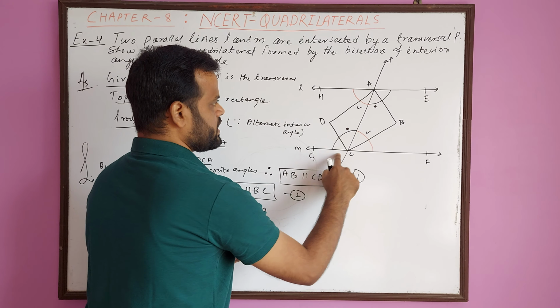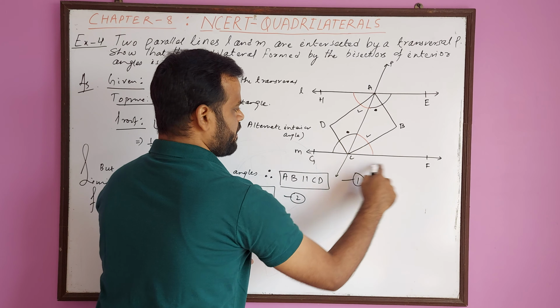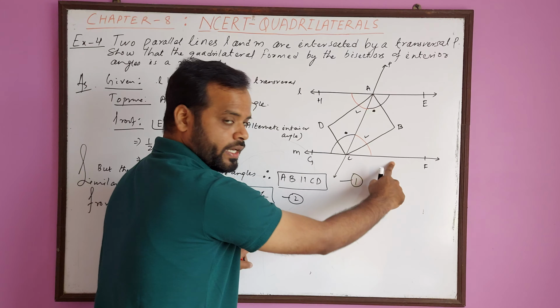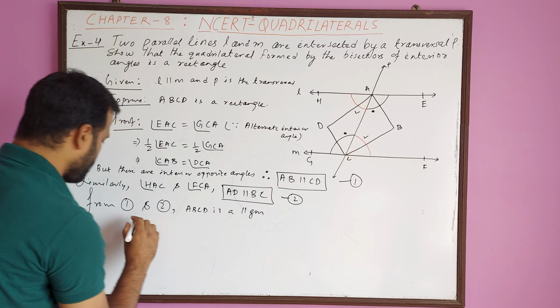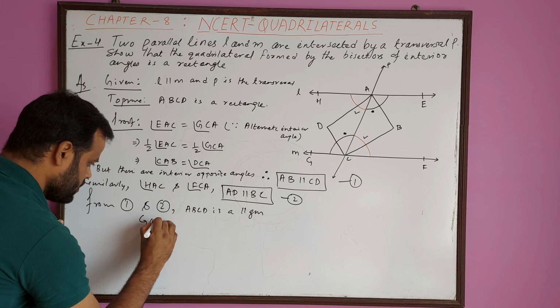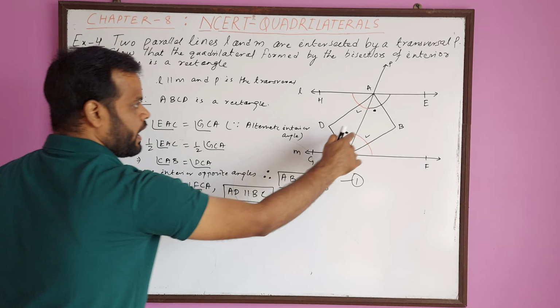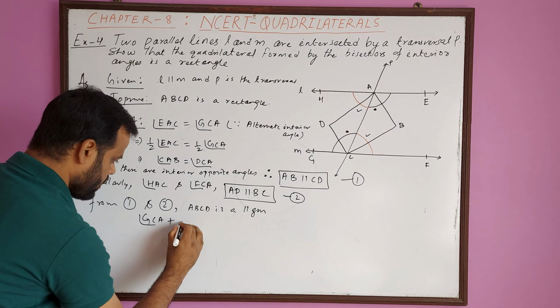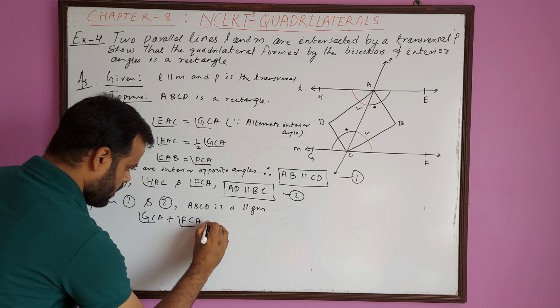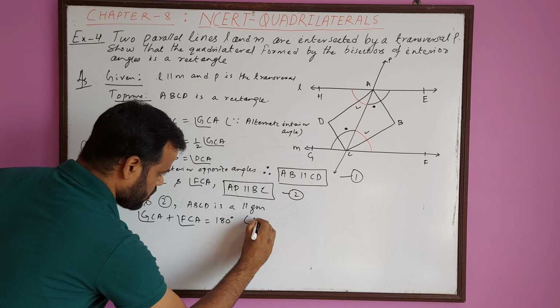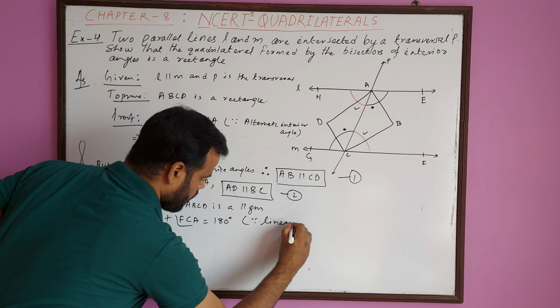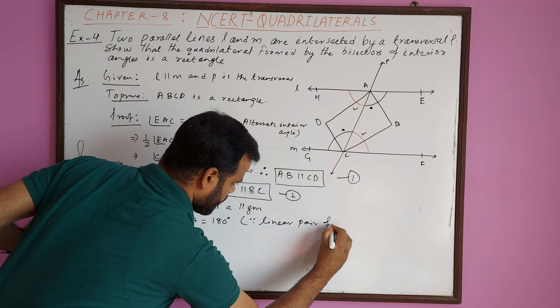So angle GCA plus angle FCA is equal to 180 degrees because they are forming a linear pair of angles.